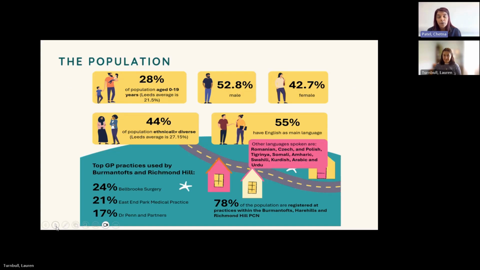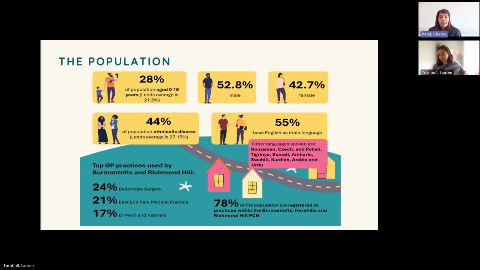I'm not going to talk through this slide, but I just want you to think about Bermondsey and Richmond Hill. It's one of the most deprived areas in England. I'm looking at this from a ward perspective. And so I'm going to start you off with a statistic.